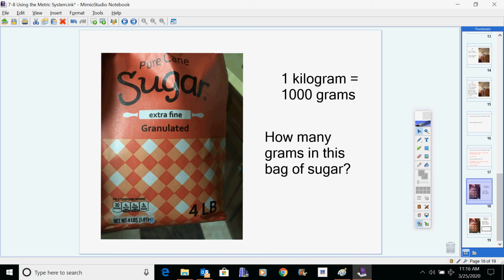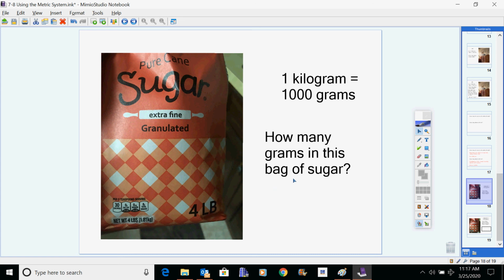So if you have 1.81 kilograms and you want to find out how many grams, remember a gram is much smaller than a kilogram, just like a meter is much smaller than a kilometer. That prefix kilo does mean 1,000, but the kilo is the big unit and the base unit is the smaller unit.